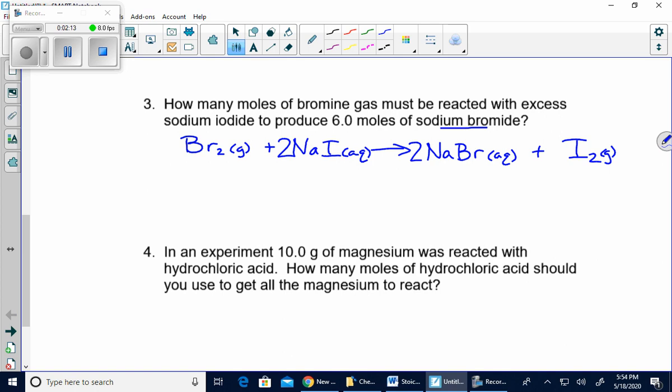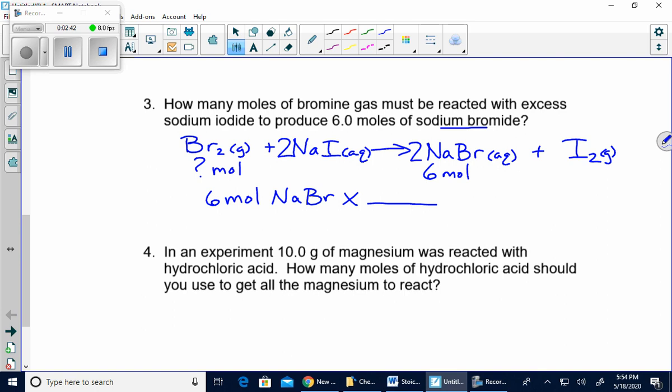Okay, so I want to get 6 moles of sodium bromide. How many moles of bromine must be reacted? So this one's just a mole to mole, so I don't have to do anything with mass. So I'm going to start with my 6 moles of sodium bromide, and all I'm going to do is multiply it by my mole ratio, and then I'm done.